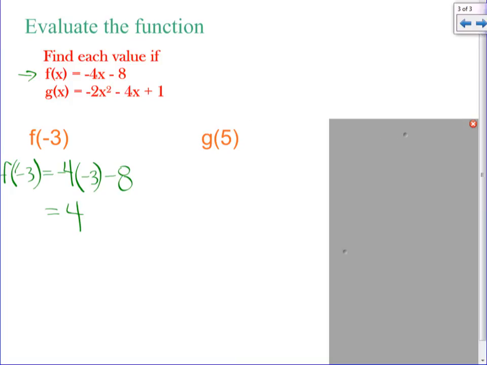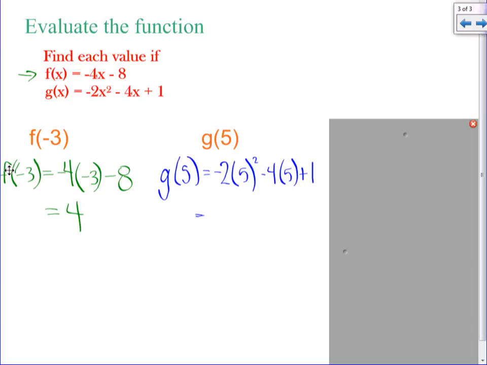G of 5. Okay, so now we're looking at the bottom function. We have g of 5, -2. It's always a good idea to use parentheses when you're substituting a number in. We'll take this one in a few steps.